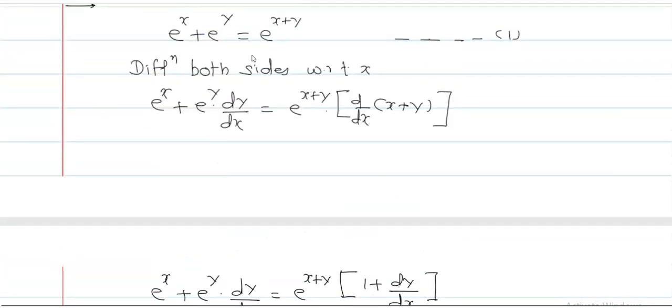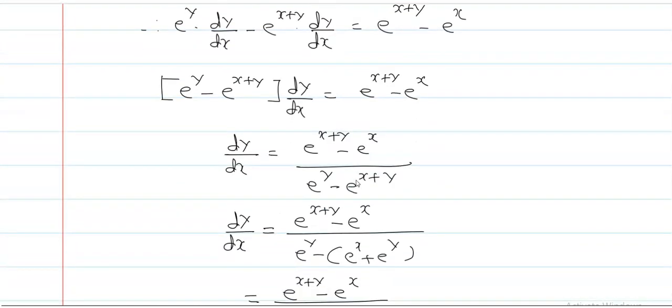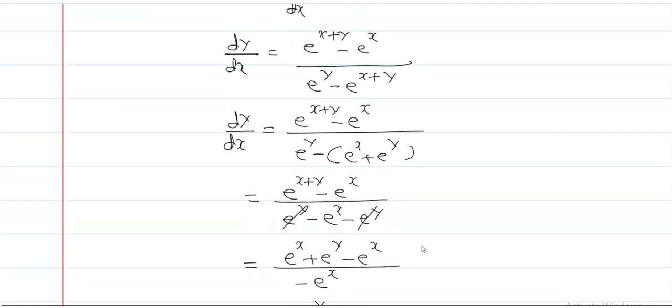What is here? e raised to x plus e raised to y is equals to e raised to x plus y. Okay. Here it is. And here, e raised to, these two terms get cancelled, and e raised to x plus y.